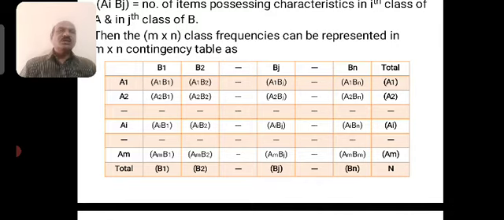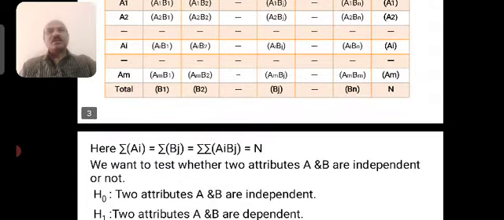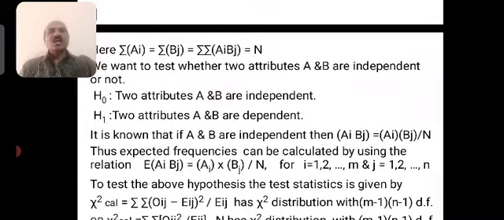The addition of these Bjs and the addition of these Ais will give the total number of observations under study, that will be capital N. Here summation Ai equals summation Bj, and that is also equal to the sum of all the intermediate cell frequencies, double summation AiBj, one summation over i, the other over j, and that is equal to N.